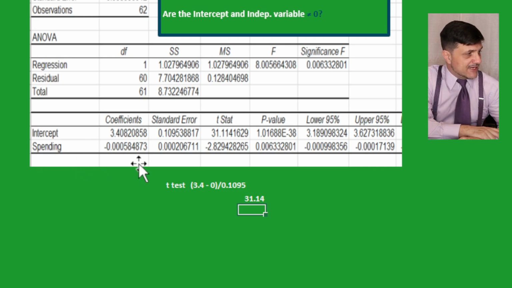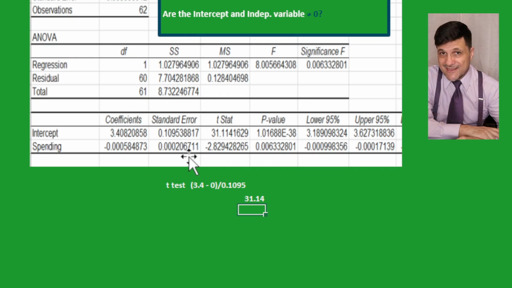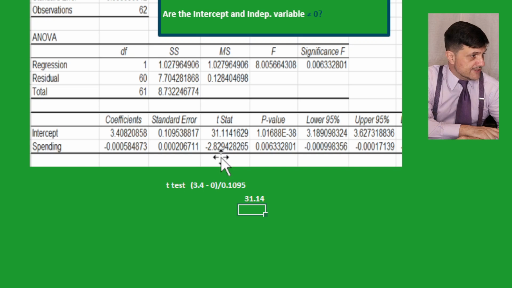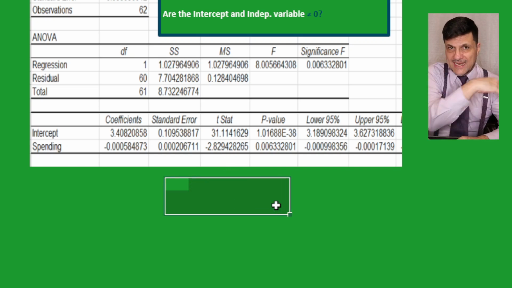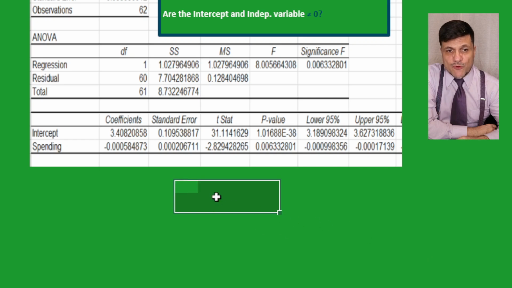Second one, for spending, same logic. Take the expected value, negative 0.00058, minus 0, divided by the standard error, this guy here, 0.0000267. Don't need to do the calculation. It's right there. 2.83. Forget the negative sign. What do you think about 2.83?